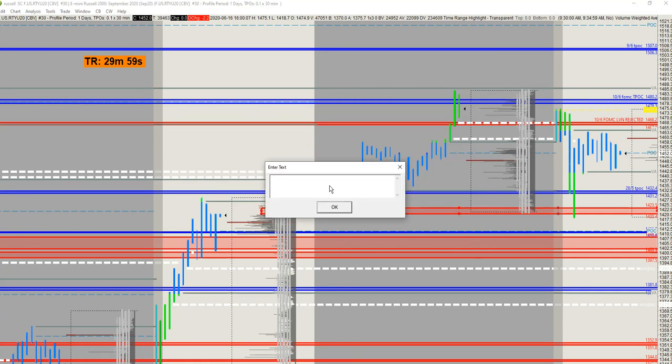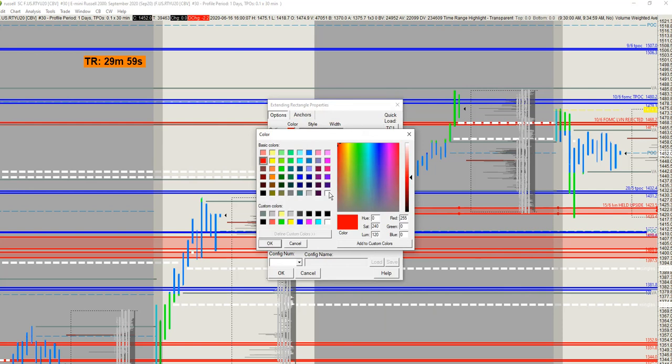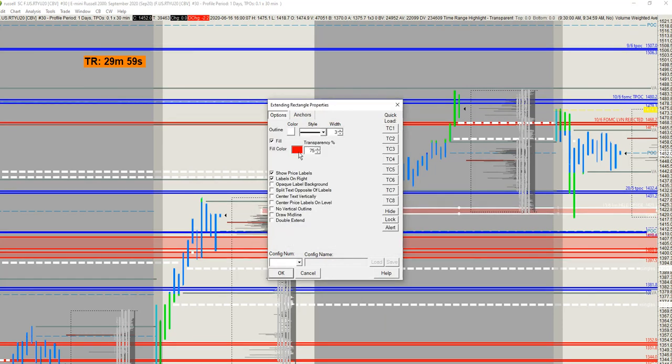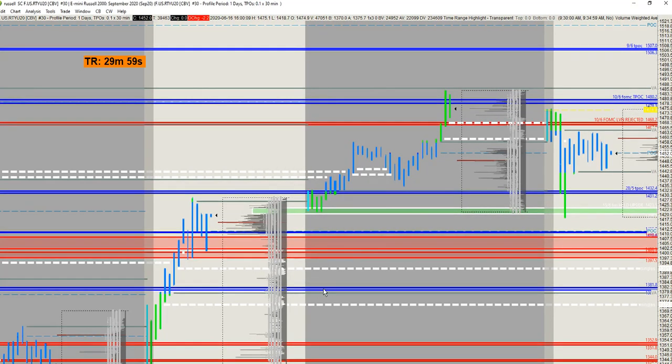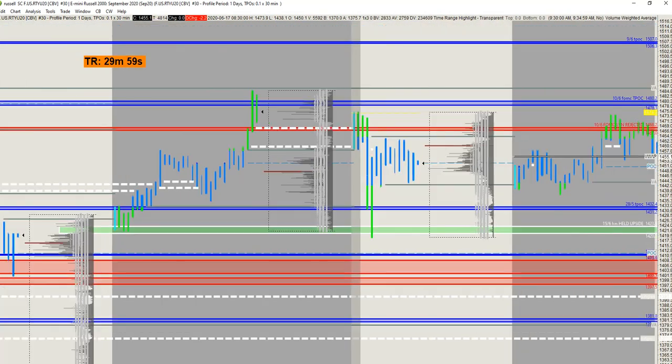What is this? This is 15th of June, LVN held upside. Maybe I should put the color in also. Okay, held there, you know. So the bullish perspective is still on.